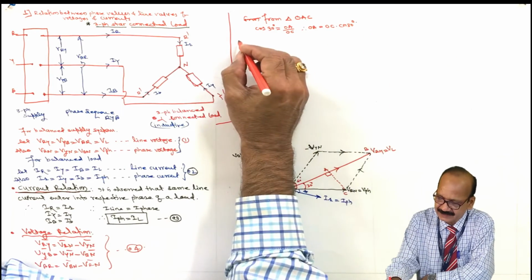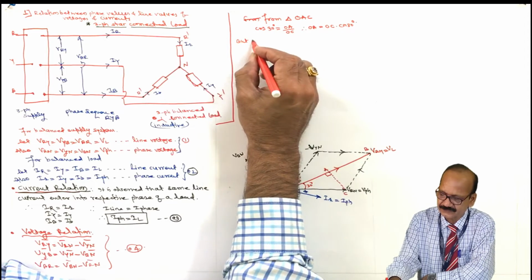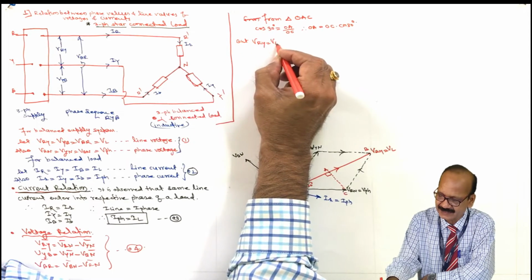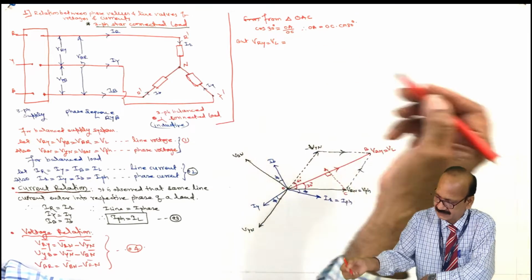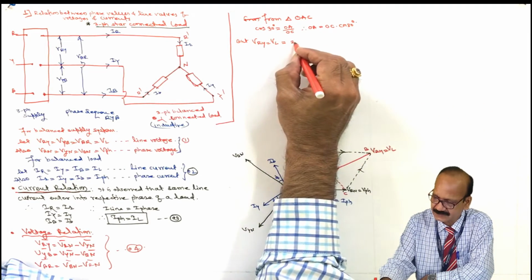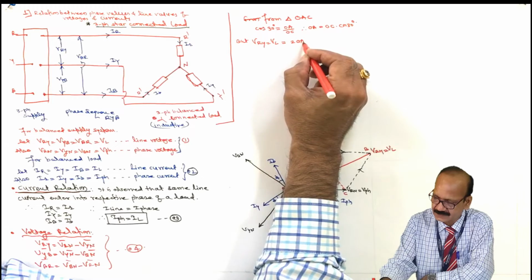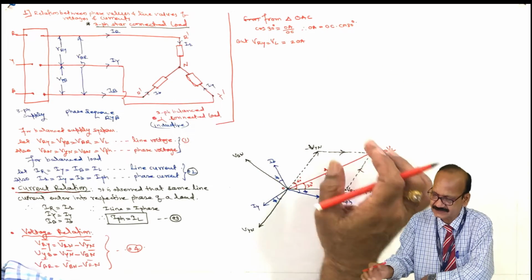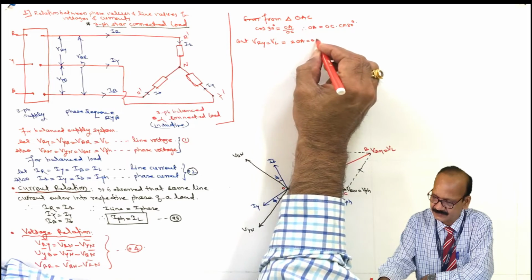But what is Phi RY? Phi RY equal to Phi L equal to 2 times OA, because this is the perpendicular bisector. 2 times OA, and this is nothing but OB.